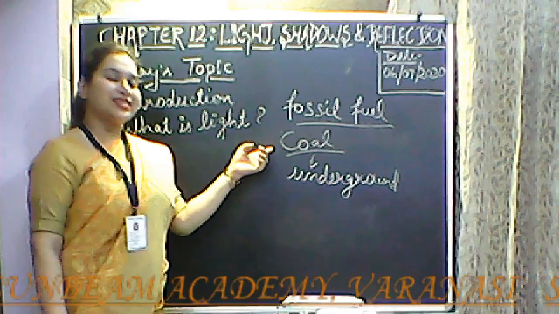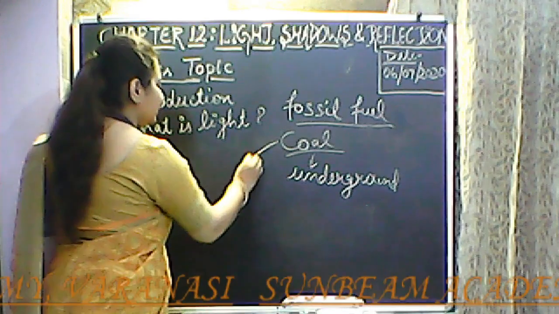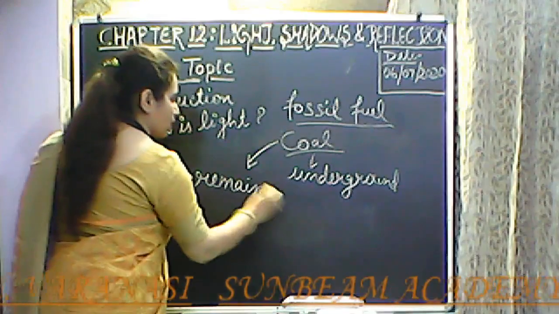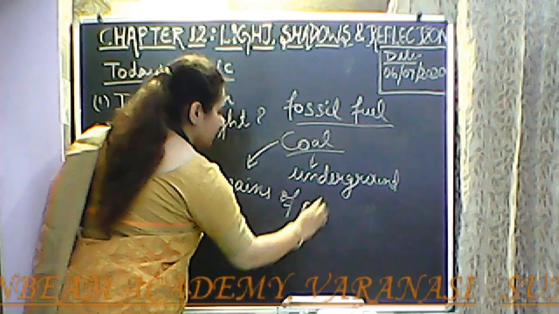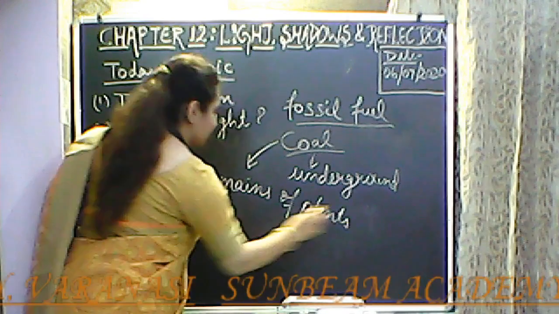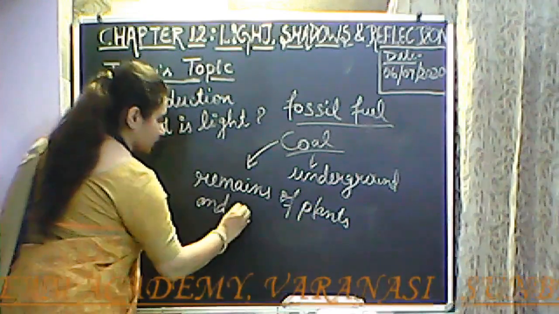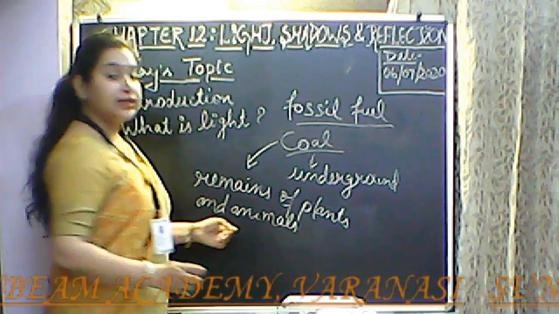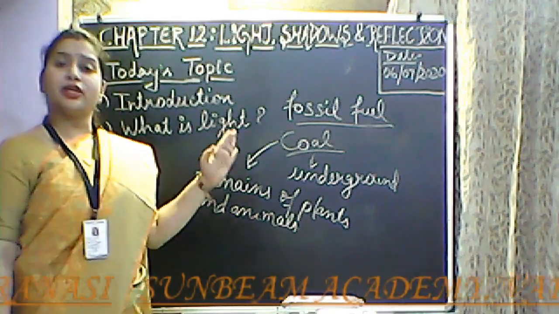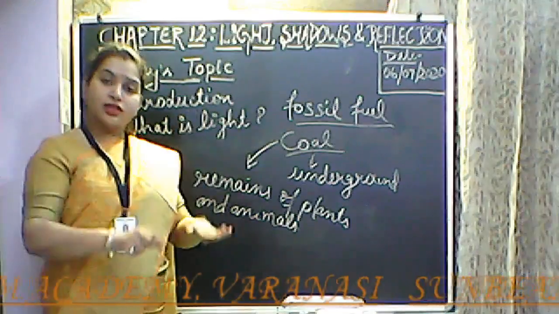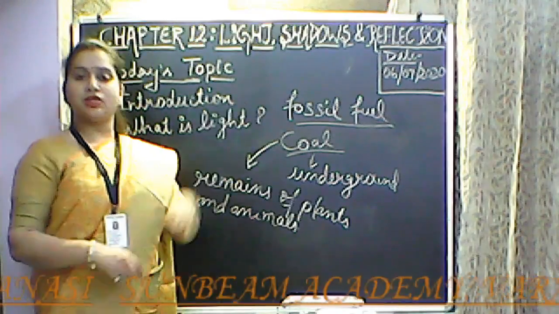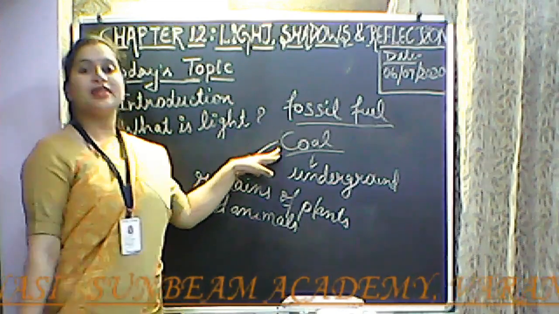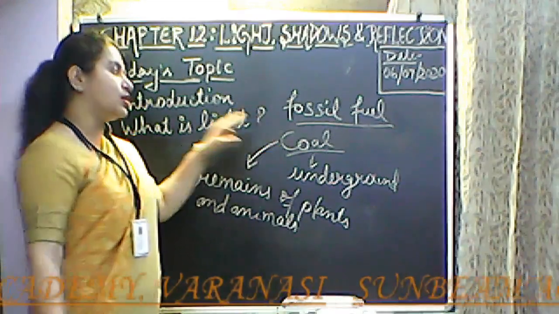This coal is nothing but the remains of plants and animals that are buried million and million of years ago under the ground. Okay, so this is coal, and coal is a type of fuel.